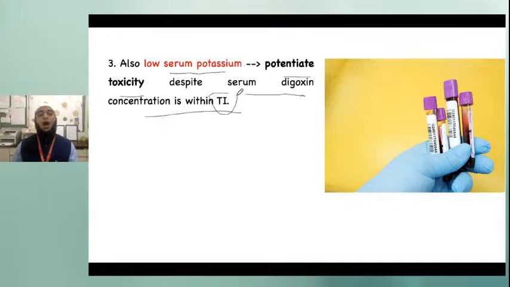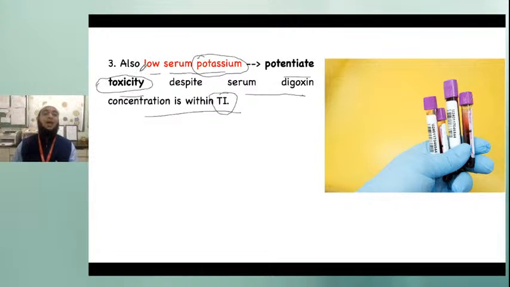So when you are measuring the concentration of digoxin, you need to also measure the concentration of potassium, because if patients suffer from hypokalemia, although the digoxin concentration is within therapeutic range, the patient will still suffer from toxic effects. Got it?